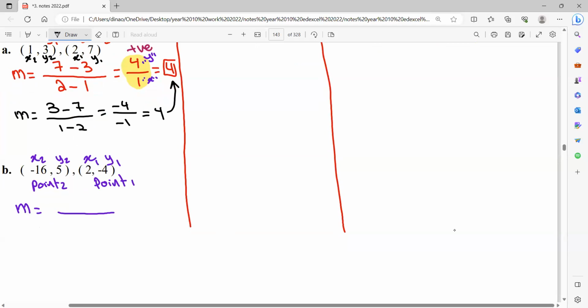Now, if we do it this way over here, so y2 minus, now we're dealing with negatives. Please remember that I have y2 minus y1 and here I have x2 minus x1. Let's watch the signs.